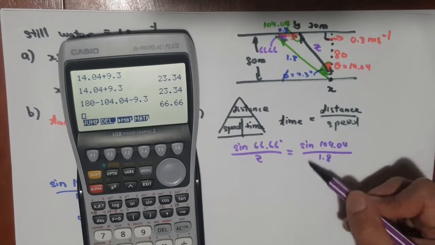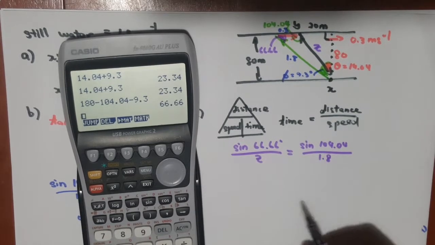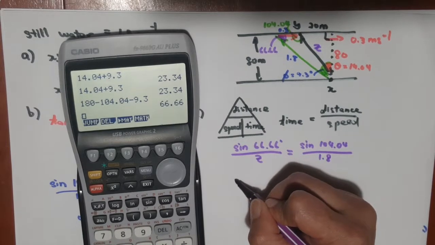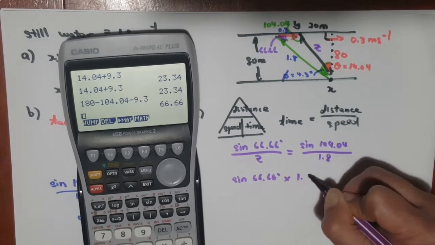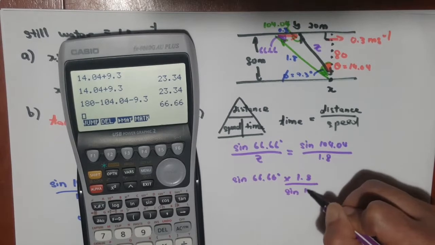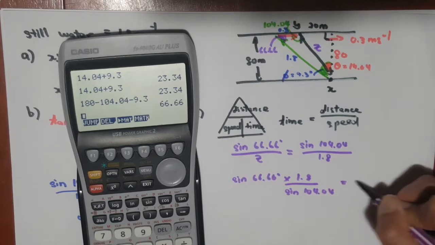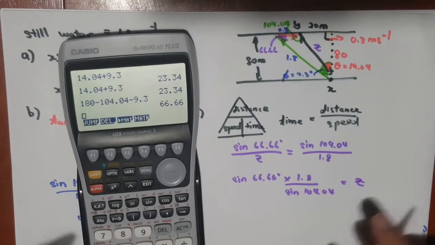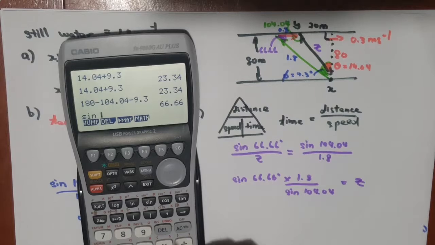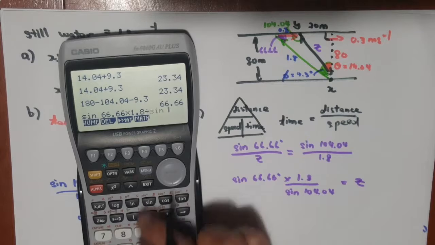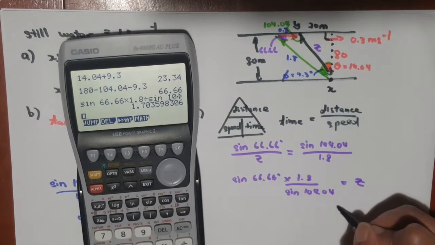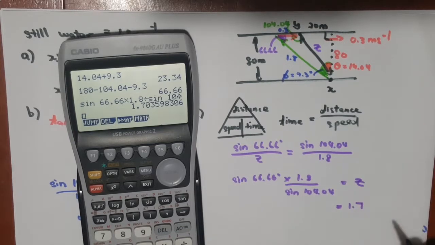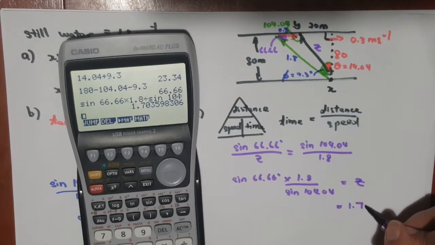To solve this, I will just swap them around. Sine 66.66 times 1.8 over sine 104.04 is equal to z. So sine 66.66 times 1.8 divided by sine 104.04 gives me 1.7. So that's the speed.